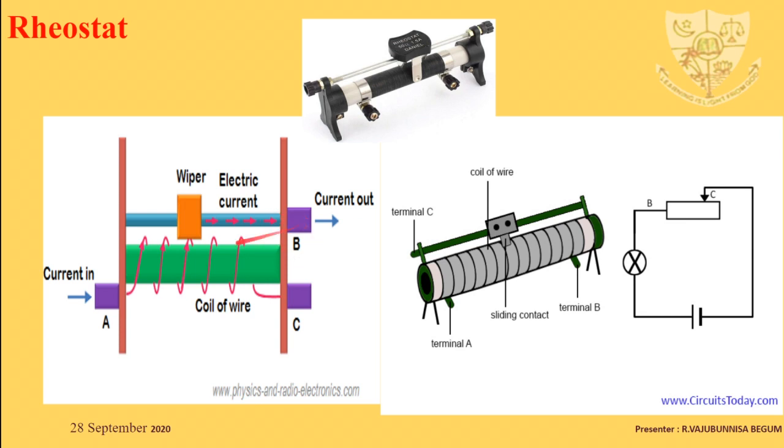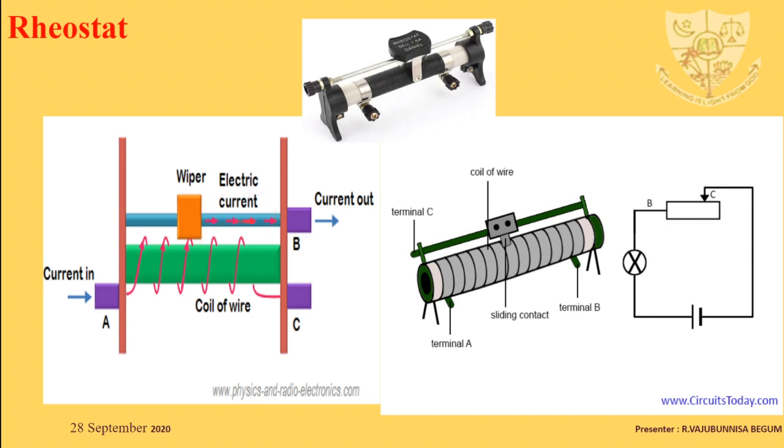Also, this moving terminal slides over a resistive path. This resistive path can be of any type of resistive material such as carbon composition resistor, wire wound resistor and ceramic resistor. The choice of the type of resistive material purely depends on the type of application.